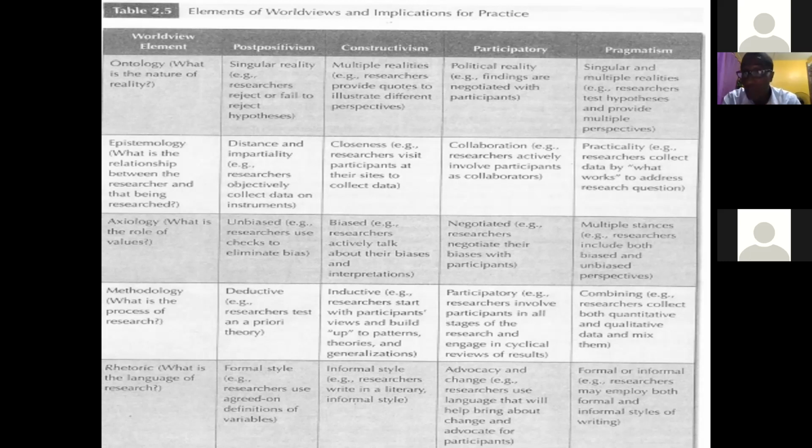So it is also important that as a researcher, you declare who you are, which, if you read, you will see the literature speaks about your positionality as a researcher. It's always good to identify the position or the lens that you're coming through.